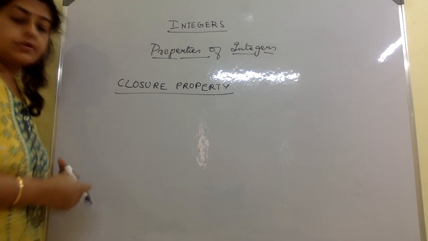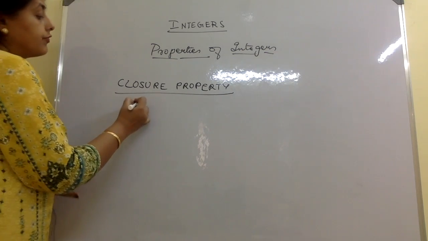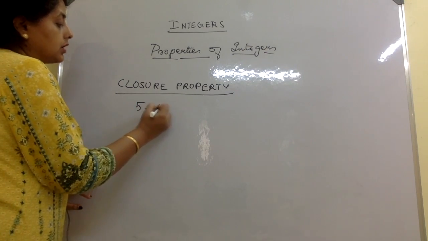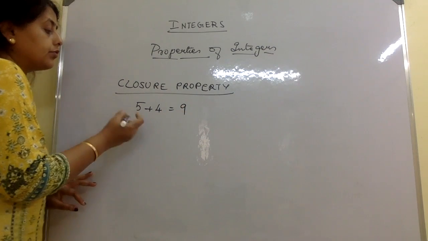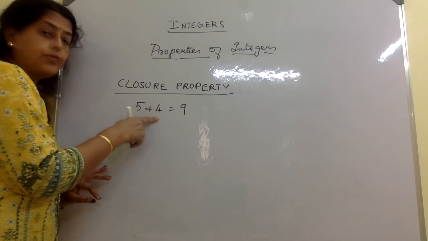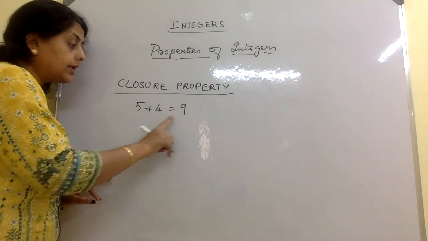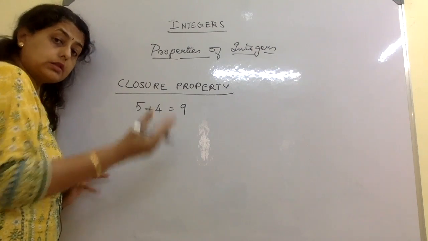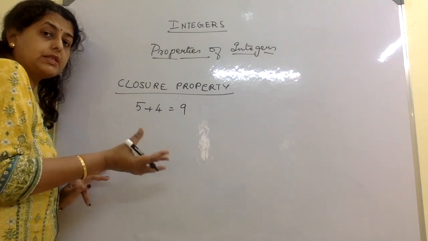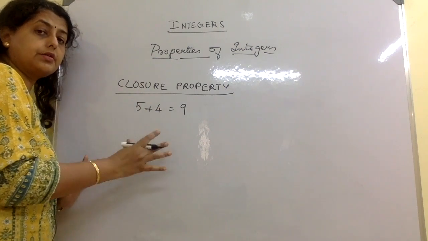What is the closure property of integers? Suppose I do 5 plus 4, that is equal to 9. 5 is from the set of integers, you know that by now. 4 is also from the set of integers, and 9 is also. So on adding, whatever I get is also from the set of integers. We say that integers are closed under addition.